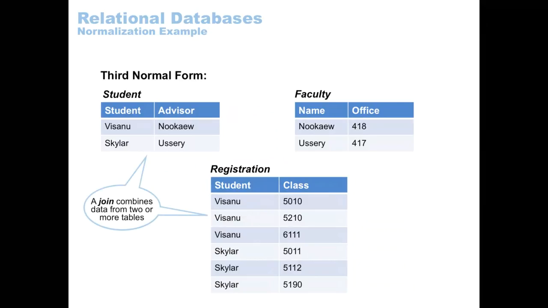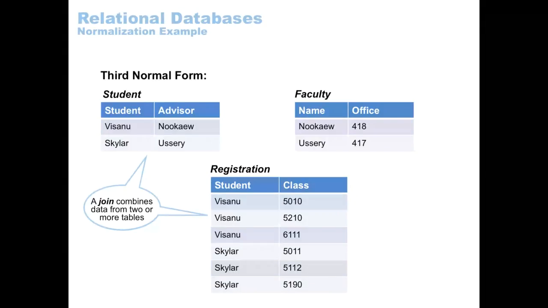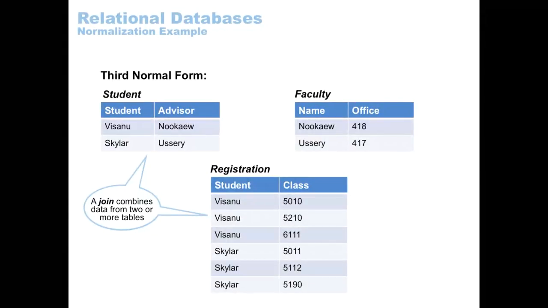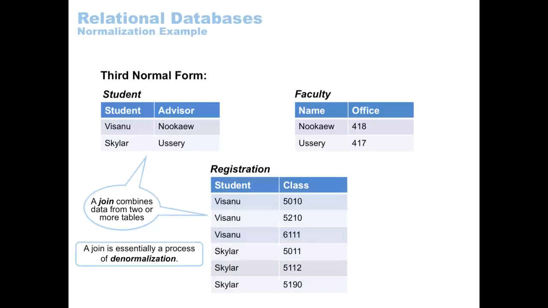So in order to collect information about an individual student, we perform a join. And a join combines data from two or more tables, and it is, in essence, a process of denormalization.